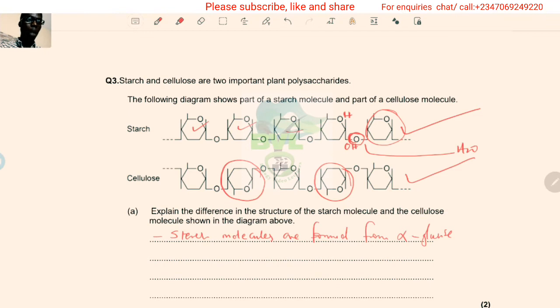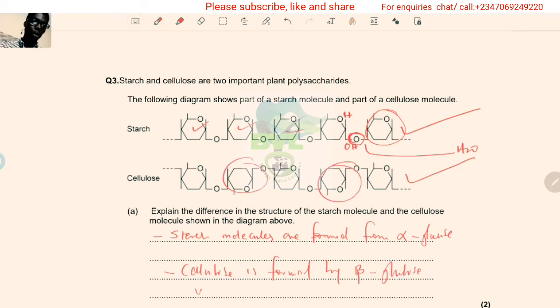Now, having established that part, that's for starch. Now, for cellulose, it is formed by beta glucose, which has its hydroxyl group inverted.